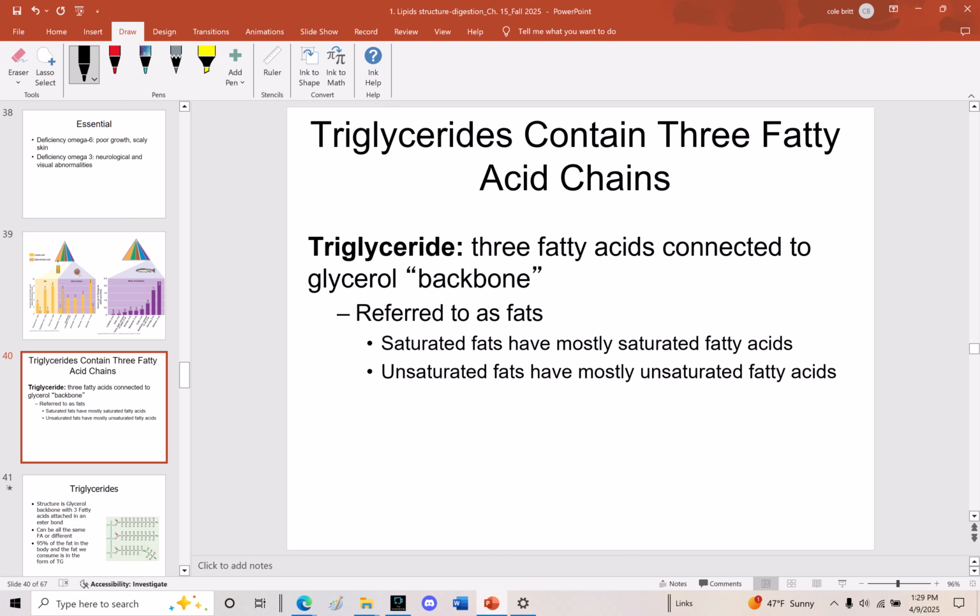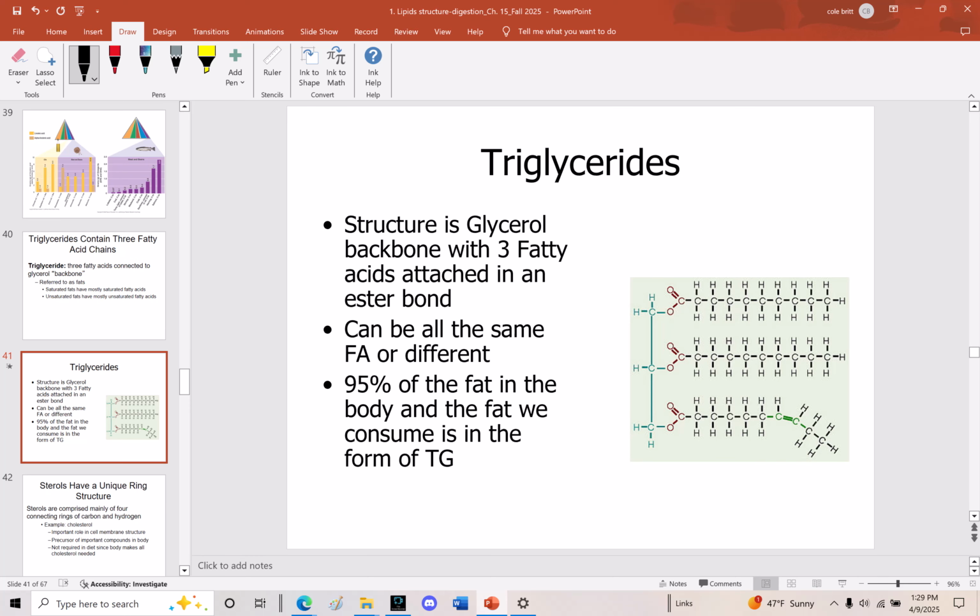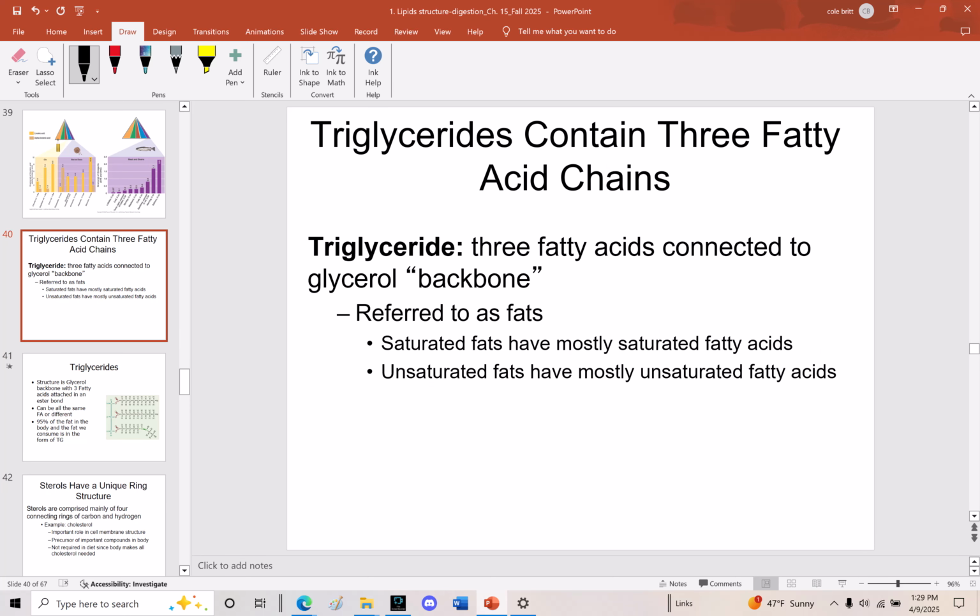triglycerides. So triglycerides are 3 fatty acids, that's where the tri comes from, attached to a glycerol backbone. That's where the glyceride comes from. So essentially, what is a glycerol? A glycerol is 3 carbons, 1, 2, 3.